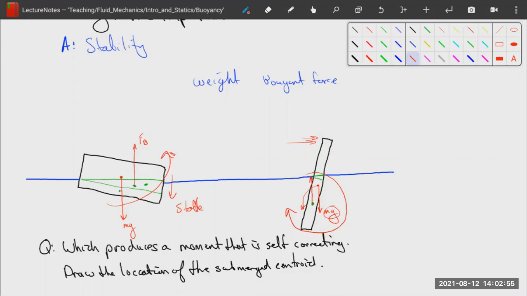One is the ferry is overloaded. So if you put too many cars up at the top of a ferry, let's do it in, I don't know what color this is, chartreuse, who knows. We put a bunch of cars on the top of the ferry.